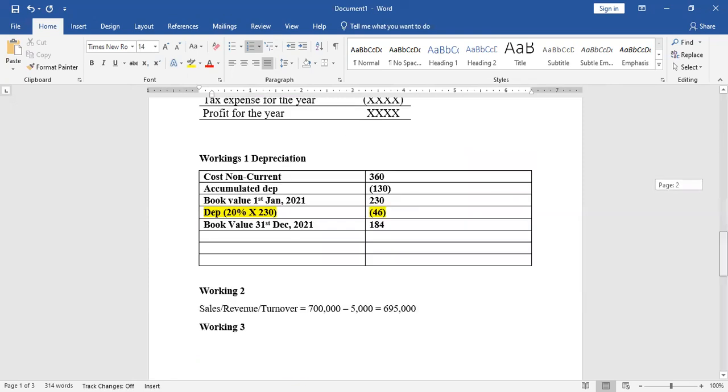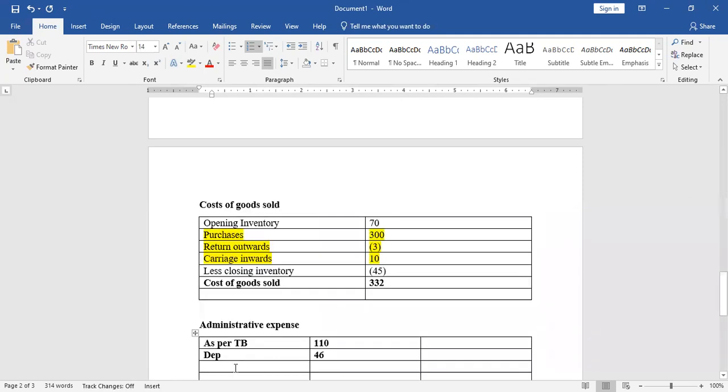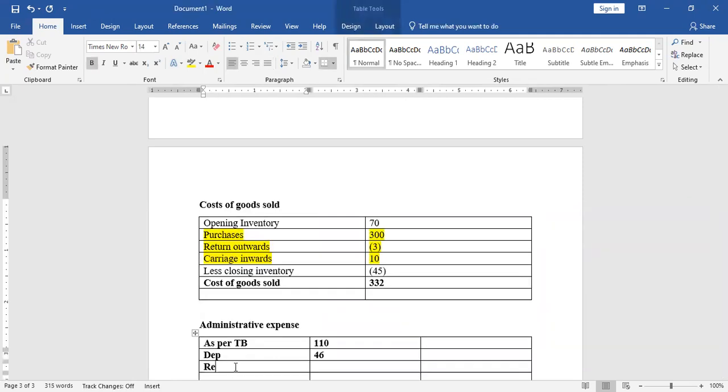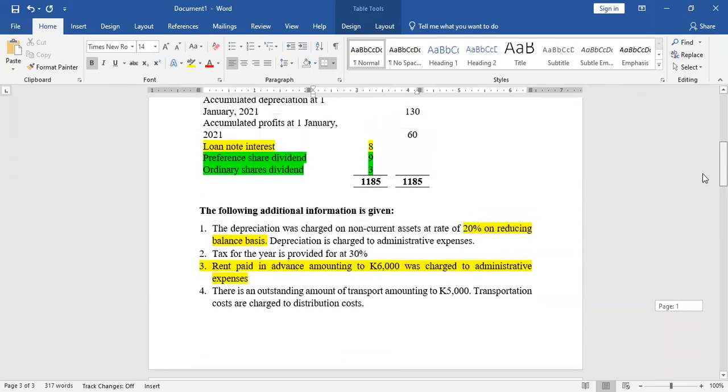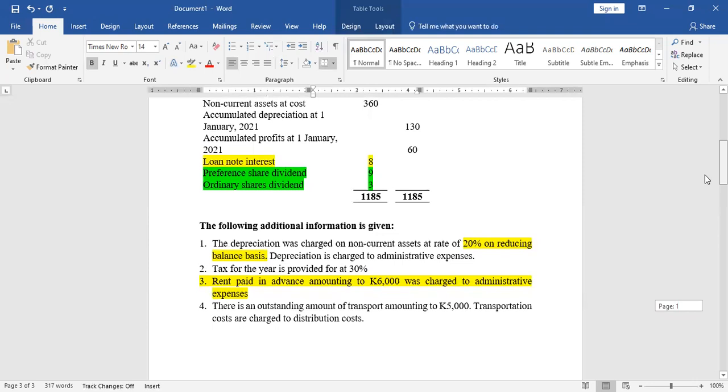So I'll remove the 6 from administrative expense. Rent prepaid. Since I'm removing, I'll put it in brackets. Anything which will affect administrative expenses? There is an outstanding amount for transport amounting to 5.